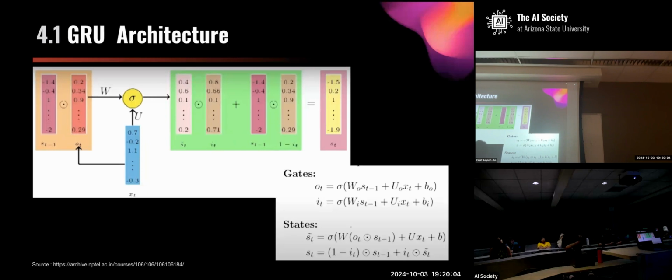Instead of the forget gate, they use 1 minus i t. In LSTMs there is a forget gate. So you can have multiple gates, but the key idea is to regulate the flow of information. You don't want to burden the next time step with all the information. You only want the important information to pass to the next state.